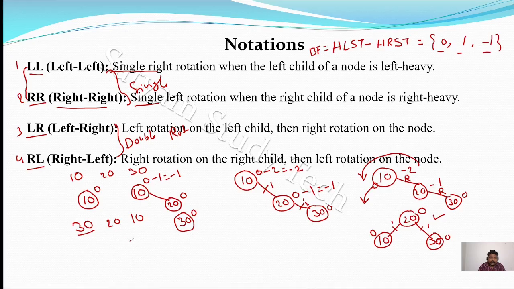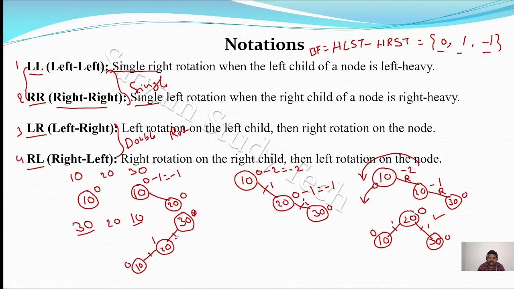Now we have to add 20. Where do we add 20? It is less than 30, so we add it to the left of 30. Then 10 is also added to the left of 20. After adding 10, we calculate the balance factors. The balance factor of 10 is 0, of 20 it is 1, and of 30 it is 2.